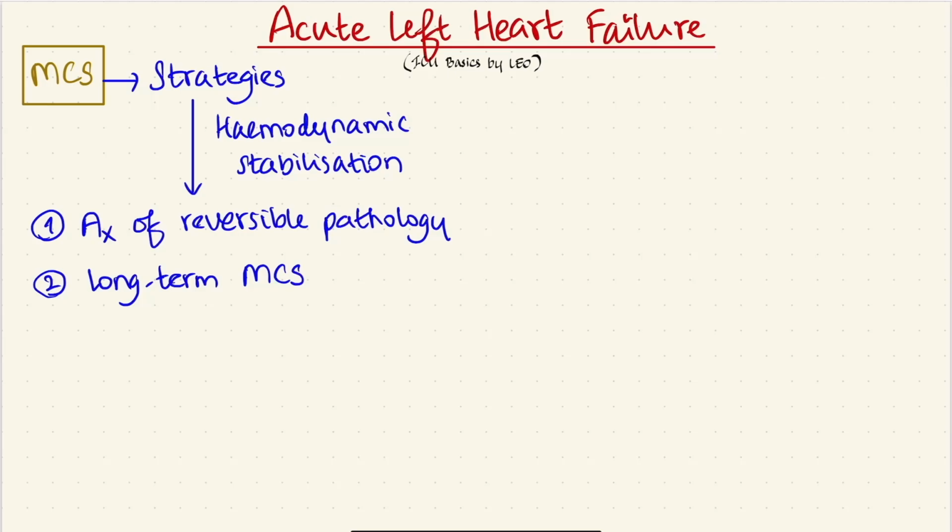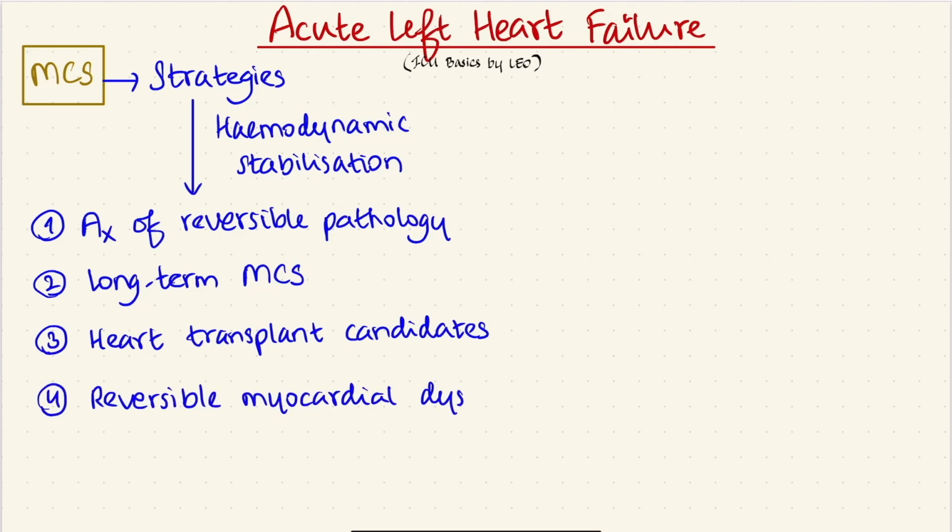For hemodynamic stabilization and maintenance of organ perfusion in cardiac transplant candidates until a suitable donor organ becomes available. And for hemodynamic stabilization of the patients with potentially reversible myocardial dysfunction until cardiac function recovers sufficiently to wean from mechanical circulatory support. What do I mean by hemodynamic stabilization?